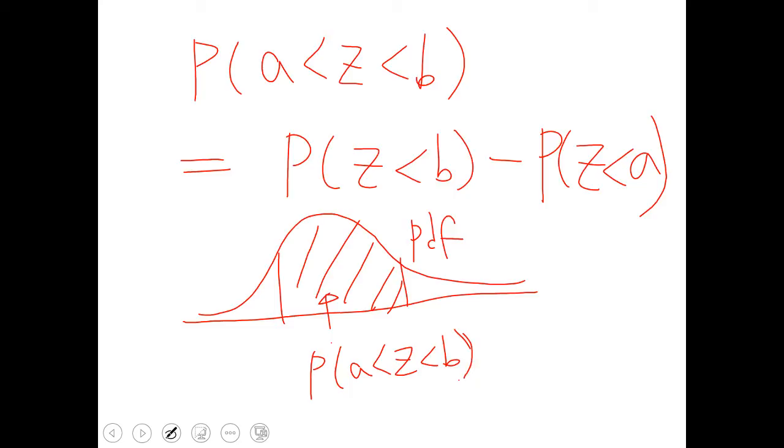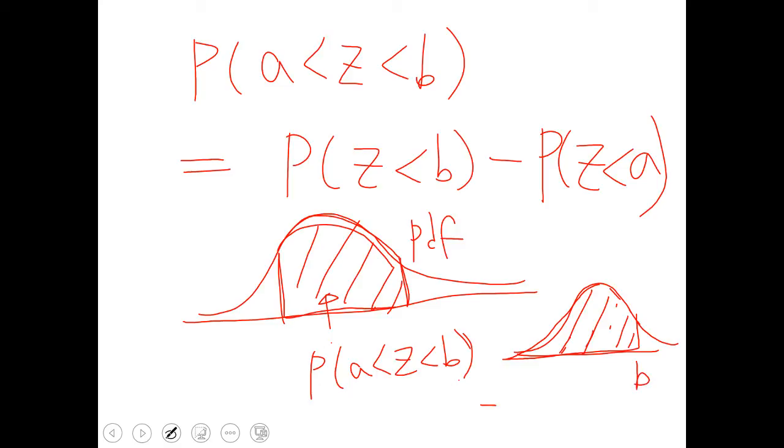So then to calculate this area, we just calculate this area. So here is B, and minus, here is the distribution, this area, here is A and B. So we calculate this big area and subtract this small area.